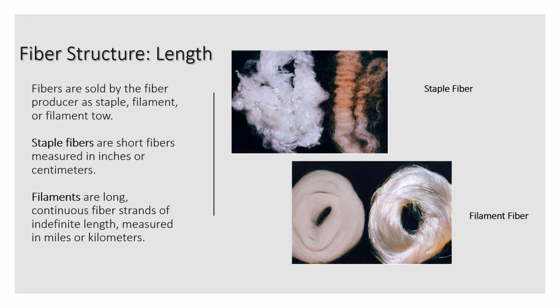Filaments, like I said, are just long, continuous strands. And then last, there is what's known as a filament tow. Filament tows are produced in long, loose ropes of several thousand fibers that are sometimes crimped, you'll get that word in a few minutes, and textured, and then cut to a staple length.